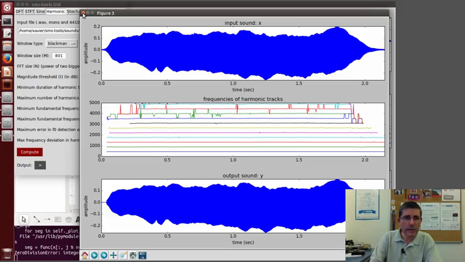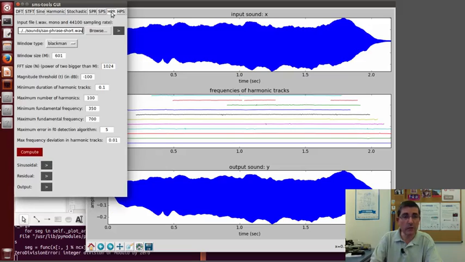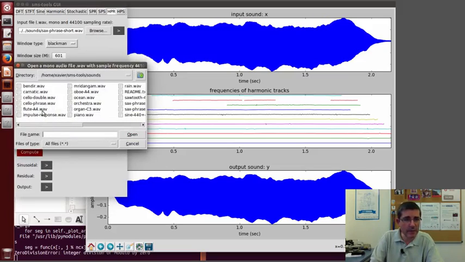Okay, now we can go ahead and use the harmonic plus residual model, so we can listen to the residual. And let's again use the same parameters.